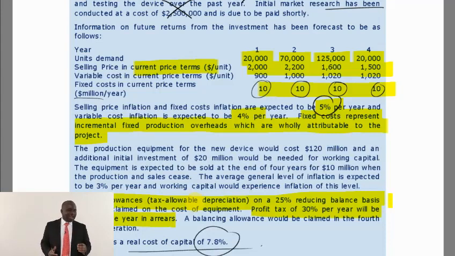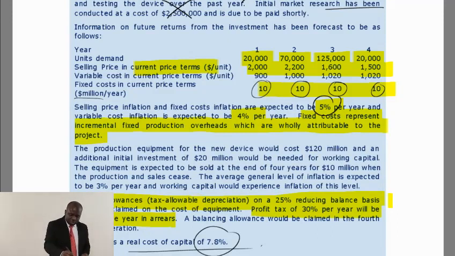And capital allowance has nothing to do with your working capital, because working capital is current assets minus current liabilities. So there is no way you would have to get any capital allowance on your working capital, please. Capital allowance, just like depreciation, should be based on non-current assets.